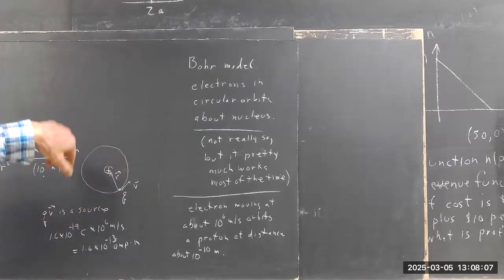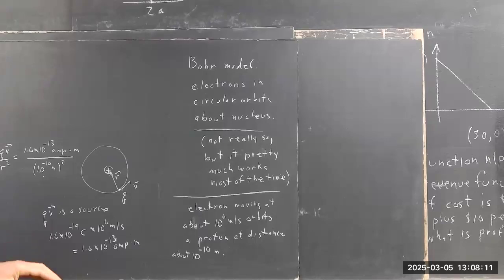And the instant when this thing's moving around here, this turns out to be a magnetic field on the order of 10 to the 7th Tesla.